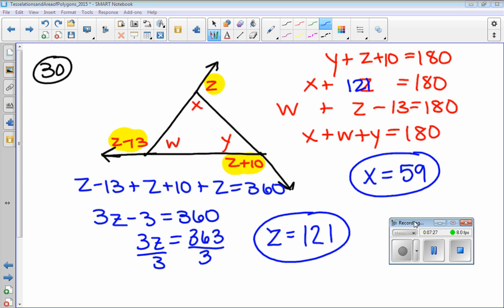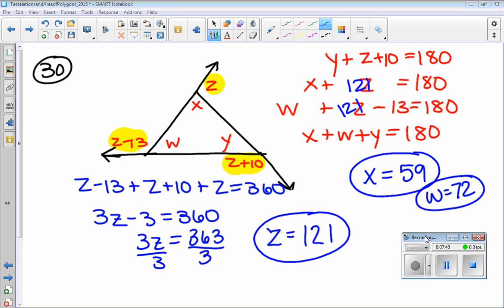Well, could I plug in a 121 here to find w? Right? So if 121 minus 13, and then I'm going to subtract that from 180, I should get w as 72. I agree. And then we still want to find y.